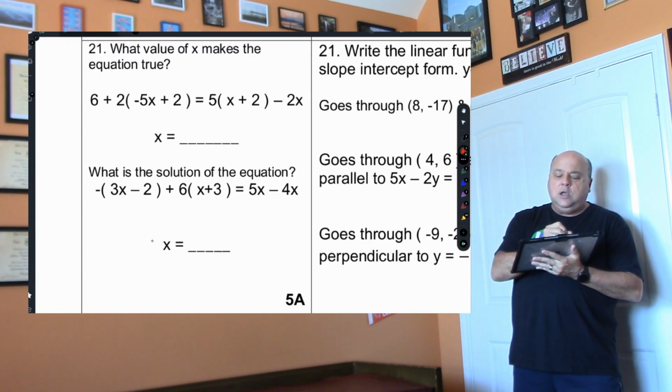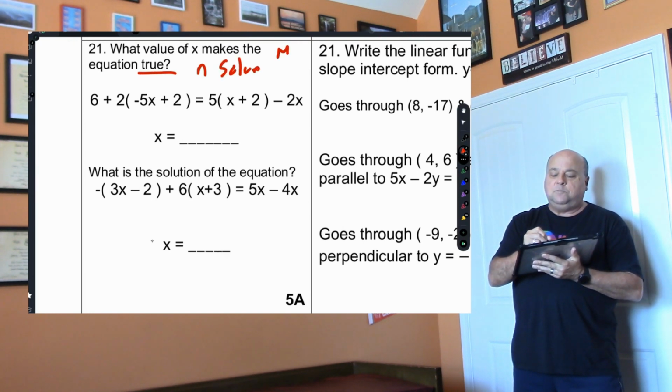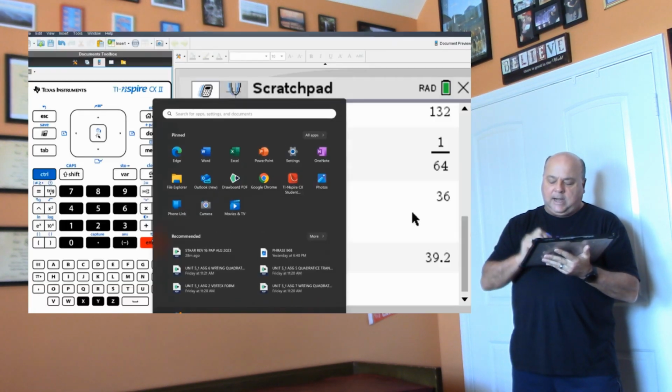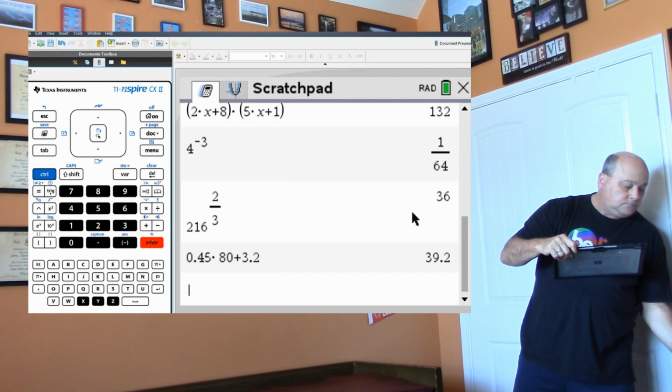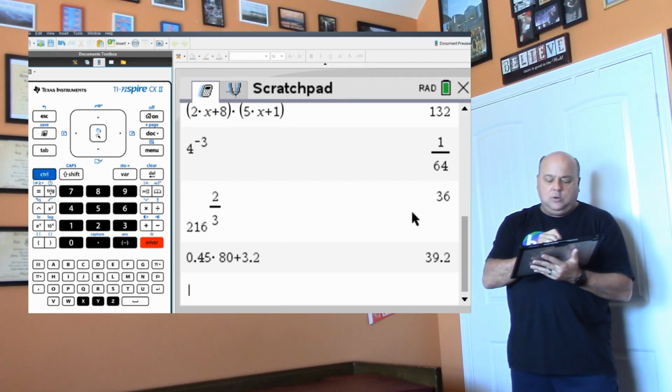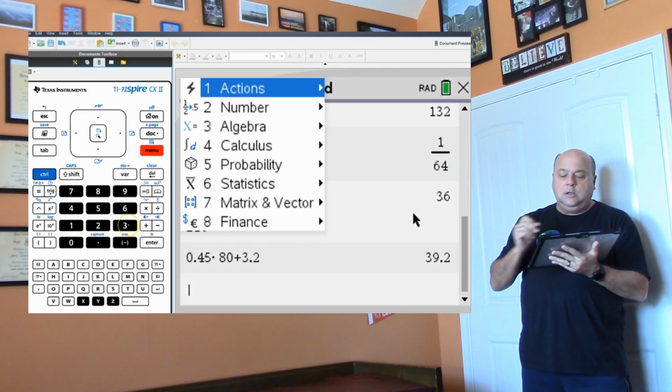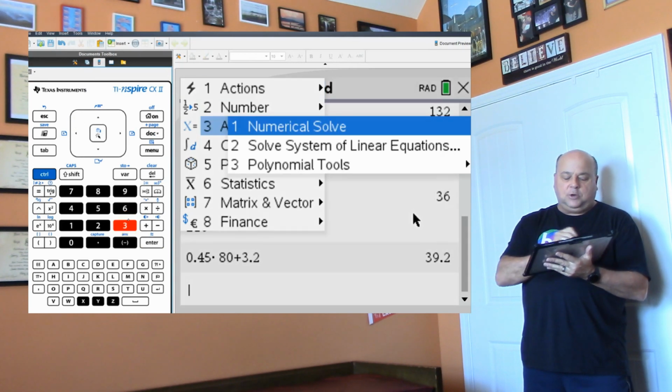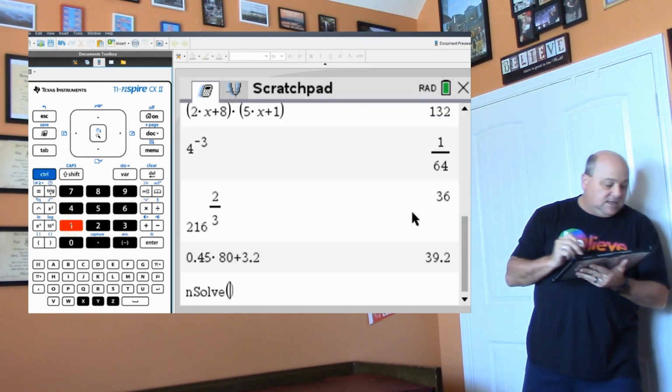On 21, if you want to make the equation true, you're going to use numerical solve, which is menu 3, 1. So let's go ahead and do that on our calculator. We're going to hit menu, algebra is 3, numerical solve is 1. And then type in the problem.